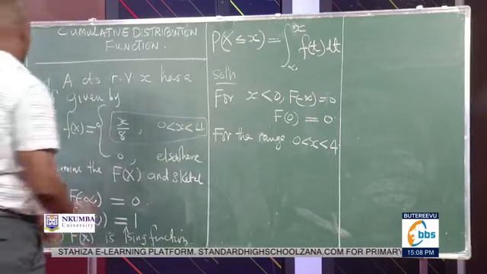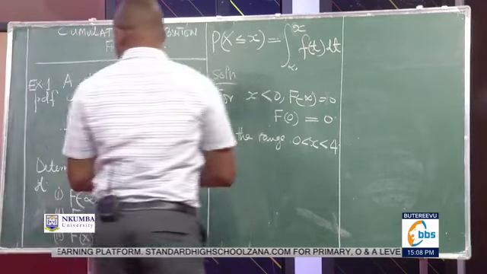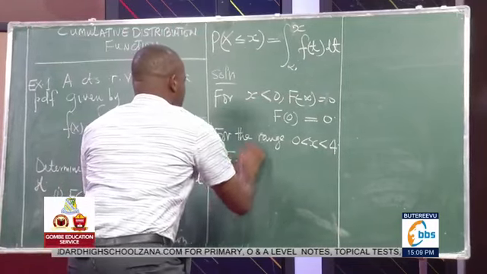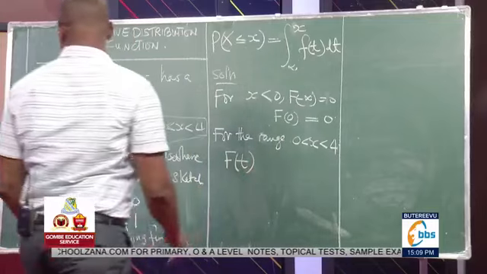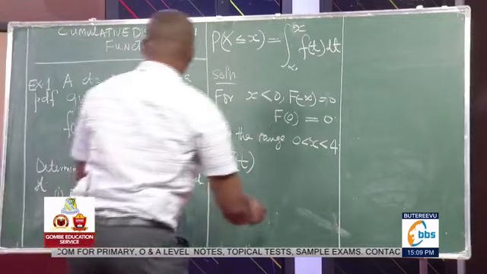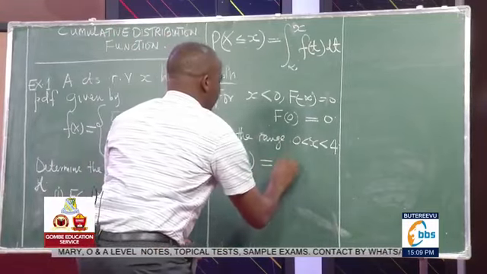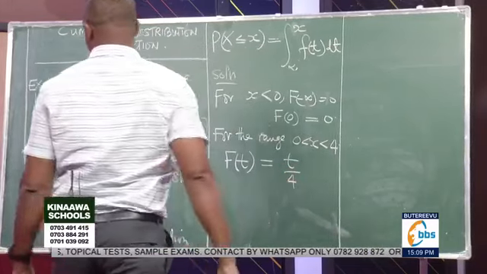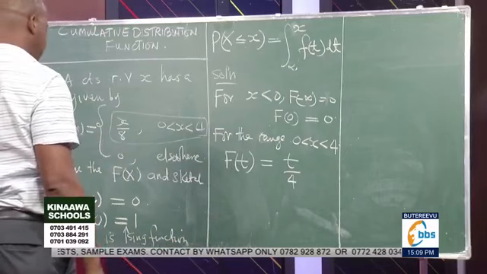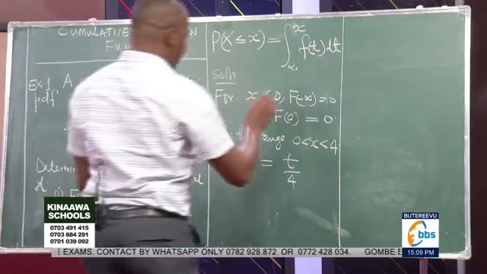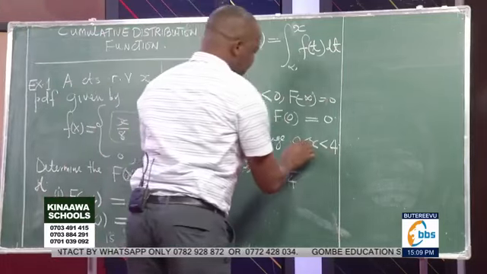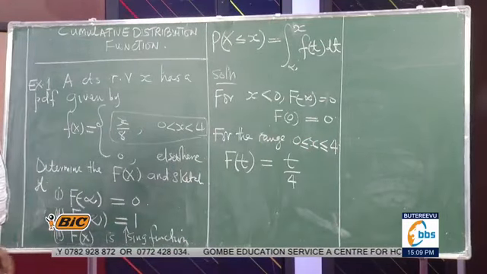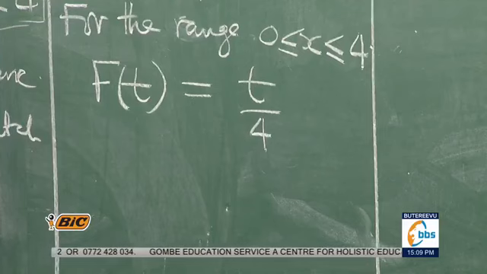For this range, the cumulative function we want, f of t, should be equivalent to, we substitute x for t, t out of 4 for that range. And here, if we are looking at the cumulative function, the inequality signs must all be considered to be less than or equal to.